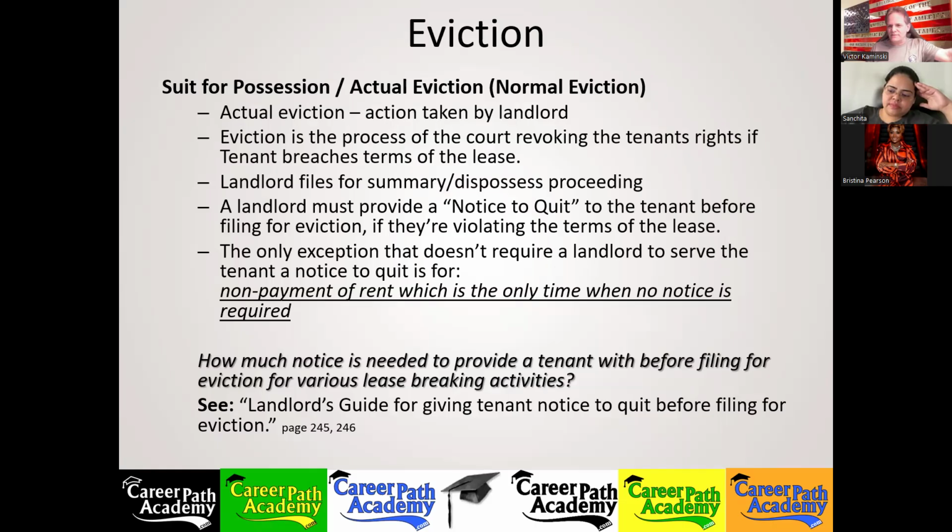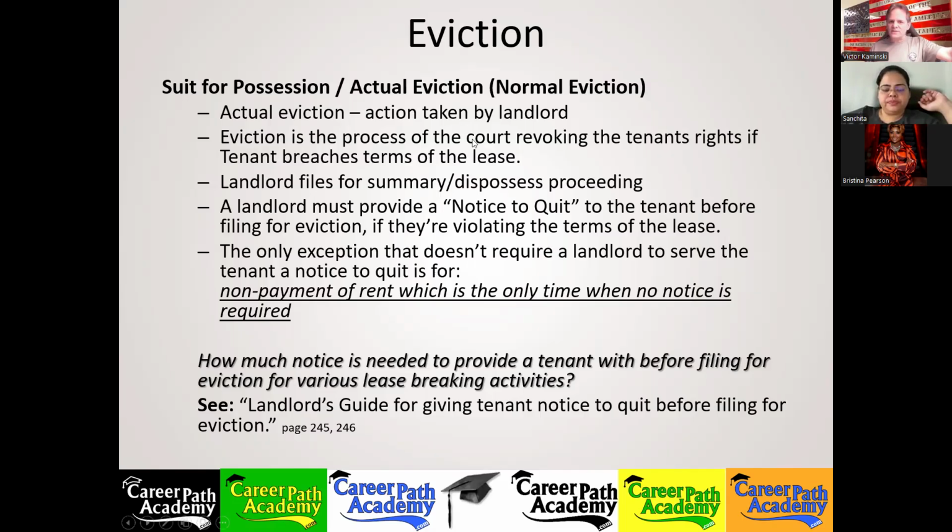Constructive eviction is an action taken by the tenant when a landlord fails to make necessary repairs. Actual eviction, or suit for possession, also known as actual eviction. This is the normal eviction that usually occurs where the landlord takes actions against the tenant for violating the lease terms in some way. Okay.